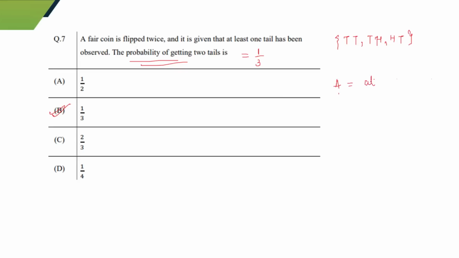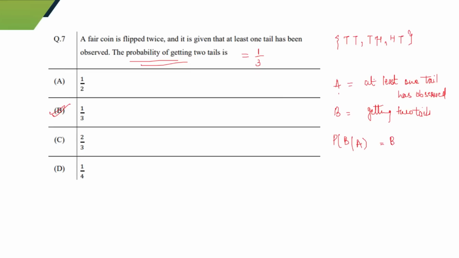Event A is that at least one tail has been observed. And I'll take event B as getting two tails. So I know that A has already occurred and I have to find the probability of B. That means I have to find probability of B given A.